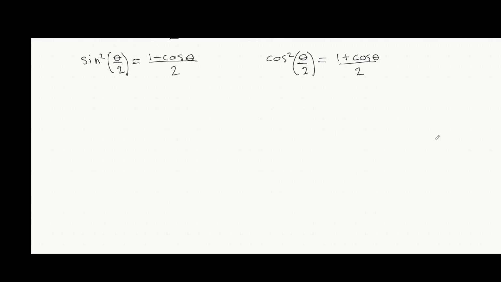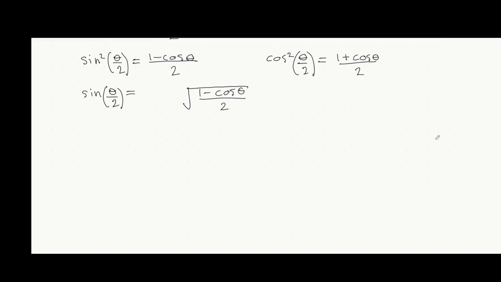So now just solving for sine of theta over 2 here. Well, we know that it's going to be the square root of 1 minus cosine theta over 2, but is it positive or negative, right? Because we're square rooting, so we don't know.